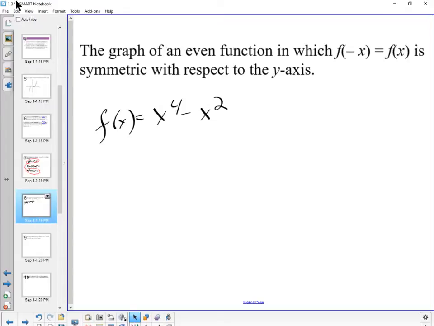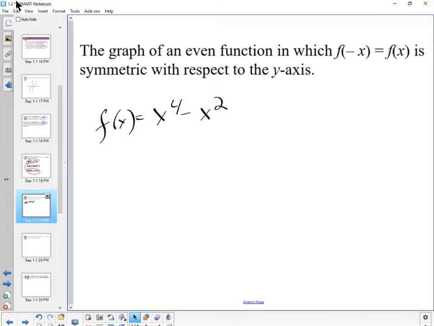I already got somebody to answer this. Raise your hand if this is even. Raise your hand if it's odd. Raise your hand if it's neither. Good. So, just to repeat it and beat this horse to death: if you plug in a negative x and nothing changes, then it's even.